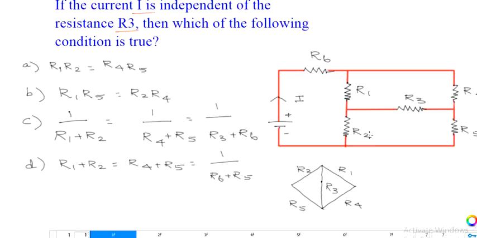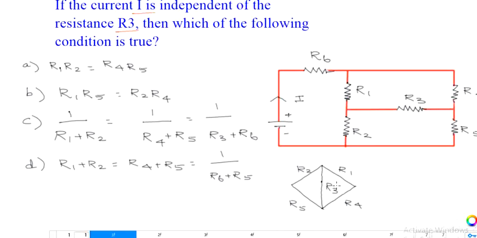Whenever they give a circuit with 5 resistances or more, then you have to think of the Wheatstone network only. Now, they have clearly given the resistance R3. If you imagine these 5 resistances as a Wheatstone bridge, you have to bend it in the form of a Wheatstone bridge, and then it will look like this.